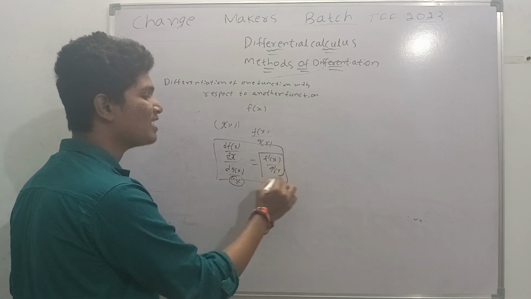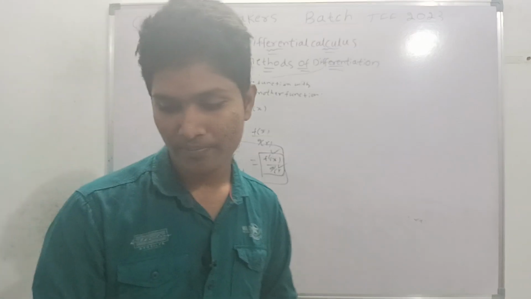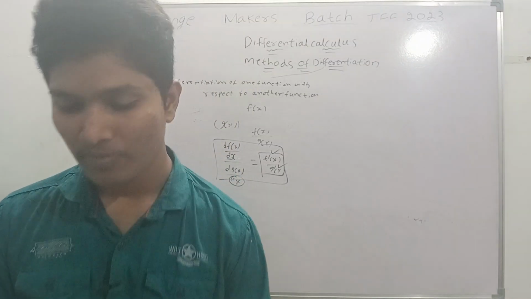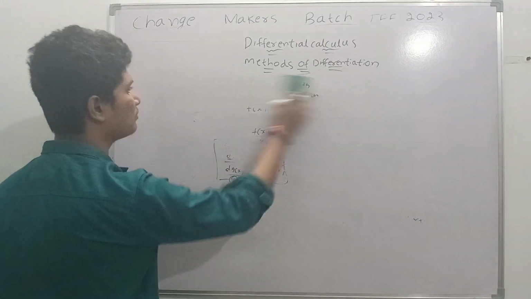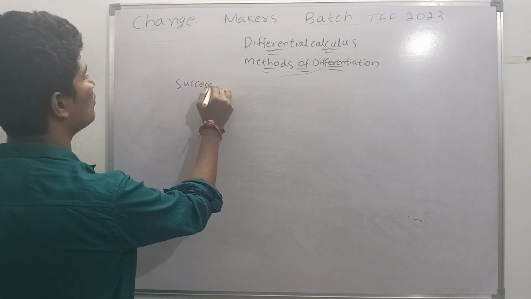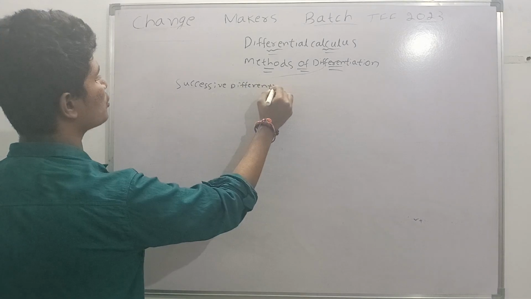So the final answer is you differentiate the individual functions and divide. That's it. This is called differentiation of one function with respect to another function. Understand? And now, successive differentiation. This is the last topic.